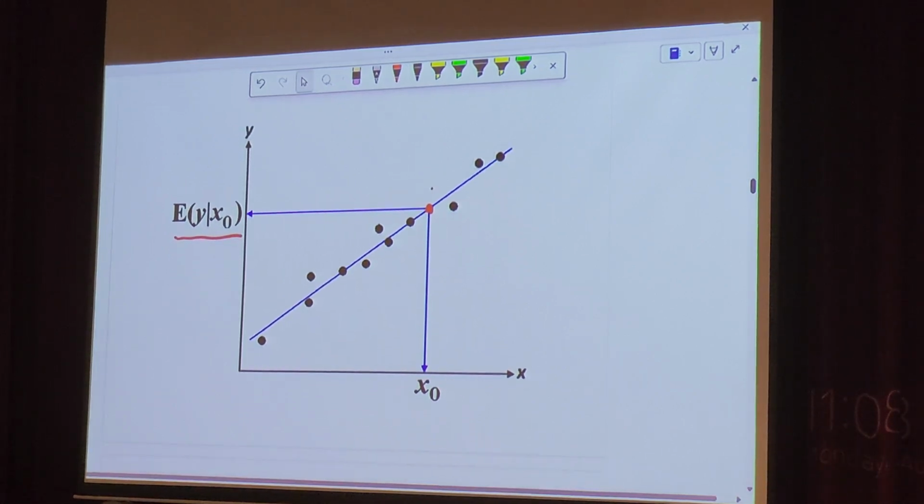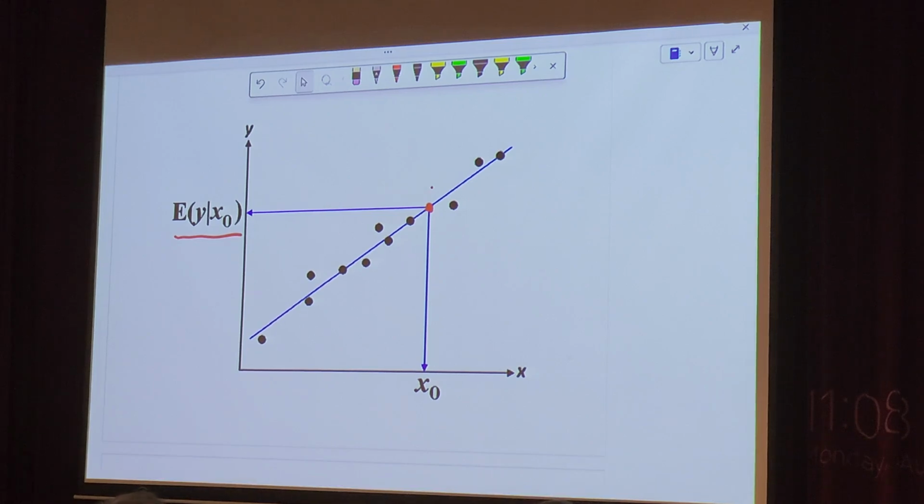We want to estimate this mean response at a particular x0. So what does that mean? For example, x0 is 5 years after graduation. I want to know the average monthly salary of people who graduated 5 years ago from a university.